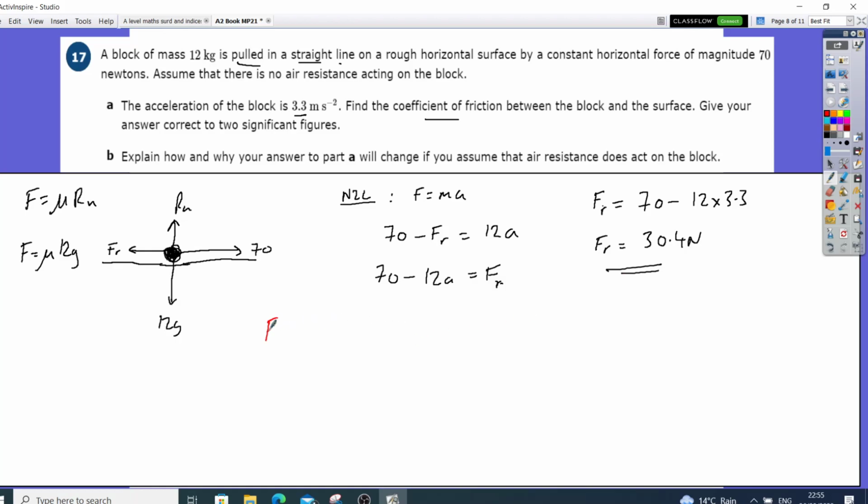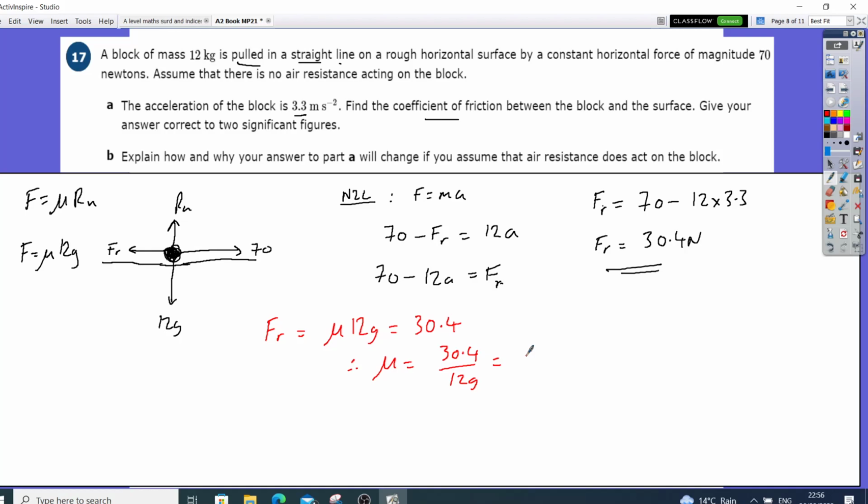Friction equals mu times 12g, and that will equal this friction, 30.4 newtons. So if I want to find mu, mu would equal 30.4 divided by 12g, that's divided by brackets 12 times 9.8.